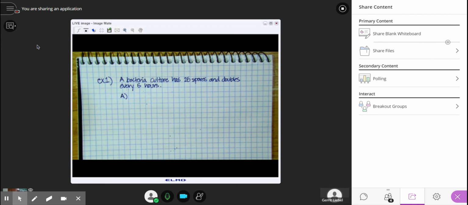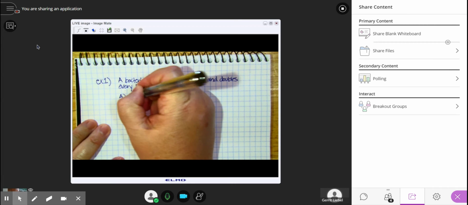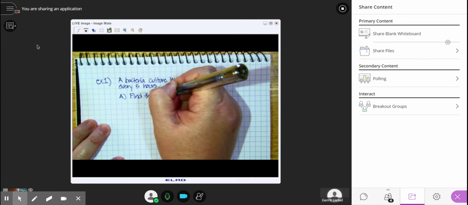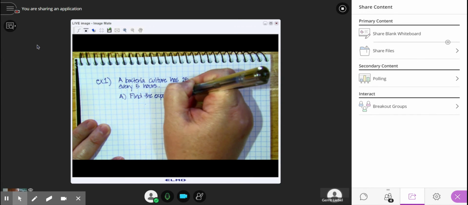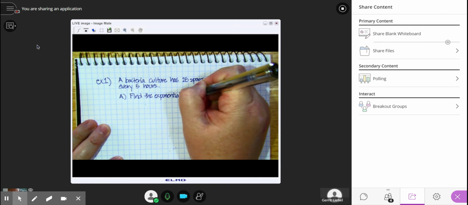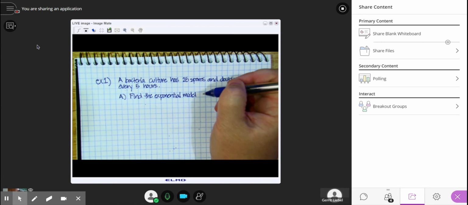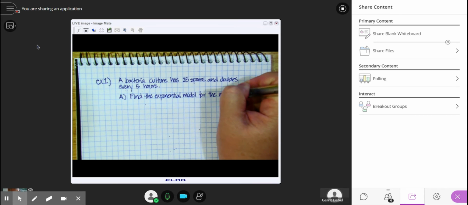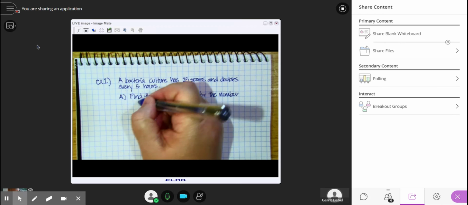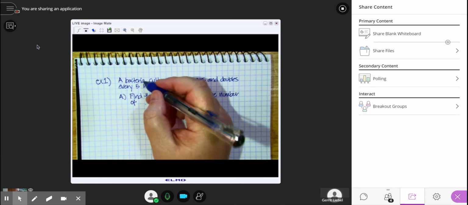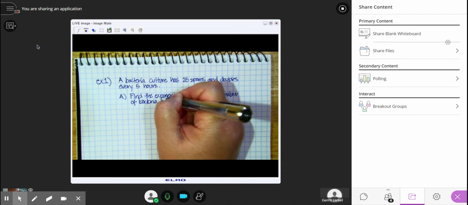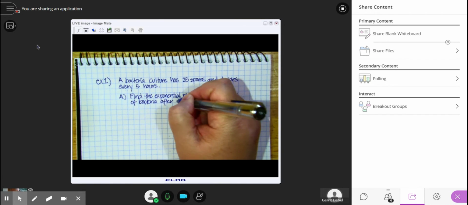Three basic parts to this problem. First part is to find the exponential model, or the number of cultures, or the number of bacteria, let's say, after t minutes.